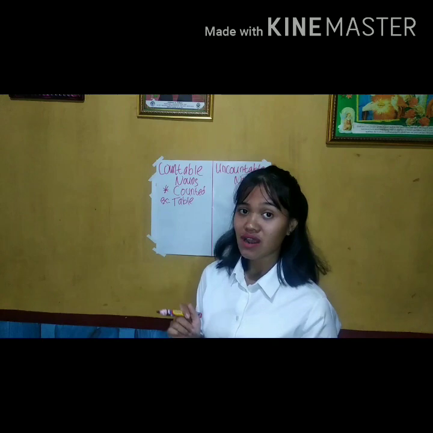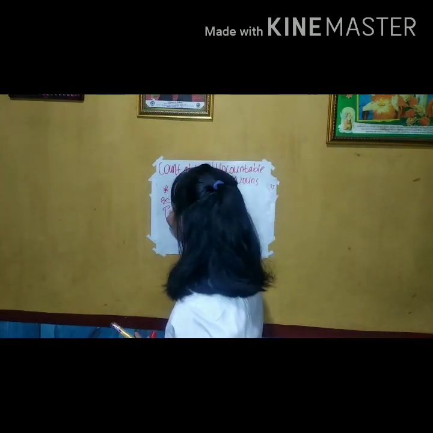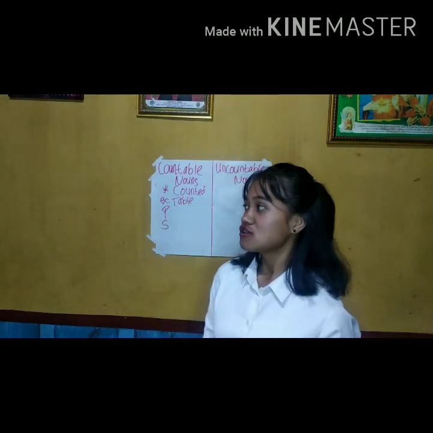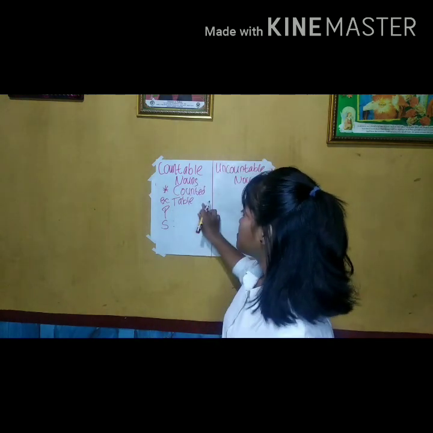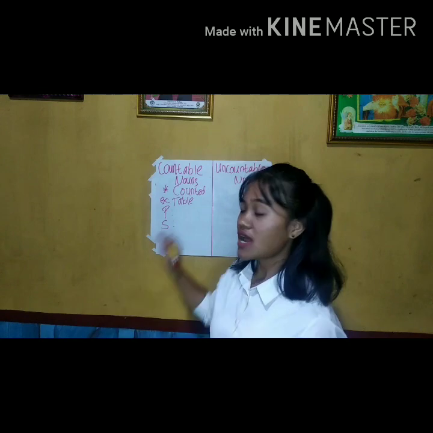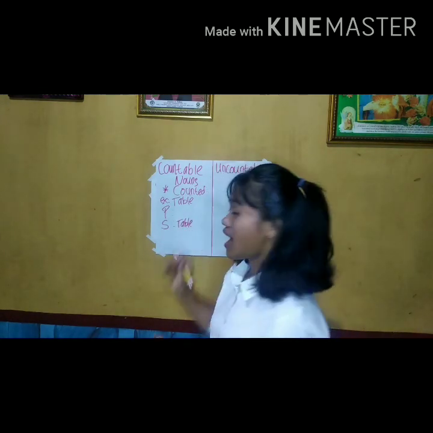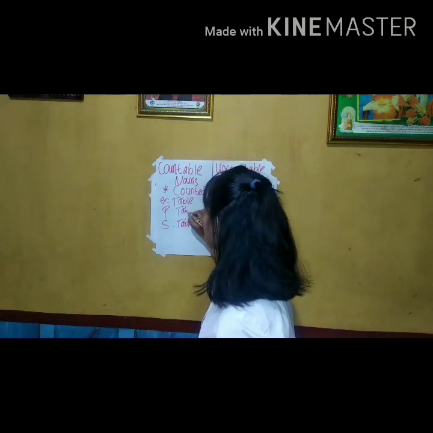So countable nouns have plural and singular forms. For this case, the table. The singular of table is table, and the plural is tables.